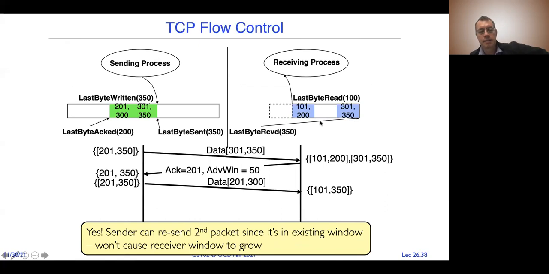With go back N, the sender is going to send everything from 2001, including the last 50 bytes, which were already received by the receiver. So you go from the first sequence number which was expected, of the missing packet. In the case of selective acknowledgement, the sender is going to send out only the missing packets, the missing information.